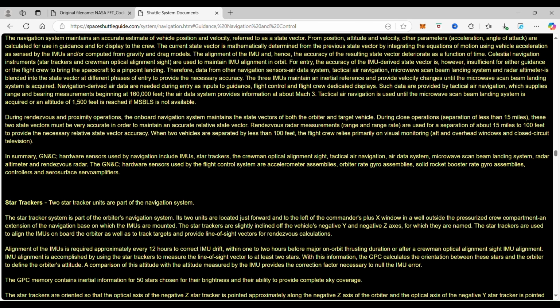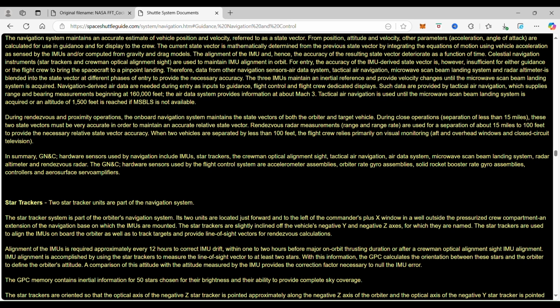Anything from 15 miles up to the next statement is going to be the medium. And then the rendezvous radar, range and rate, are used for separation of 15 miles to 100 feet to provide the necessary relative state vector accuracy. So that is what we're talking about in rendezvous.